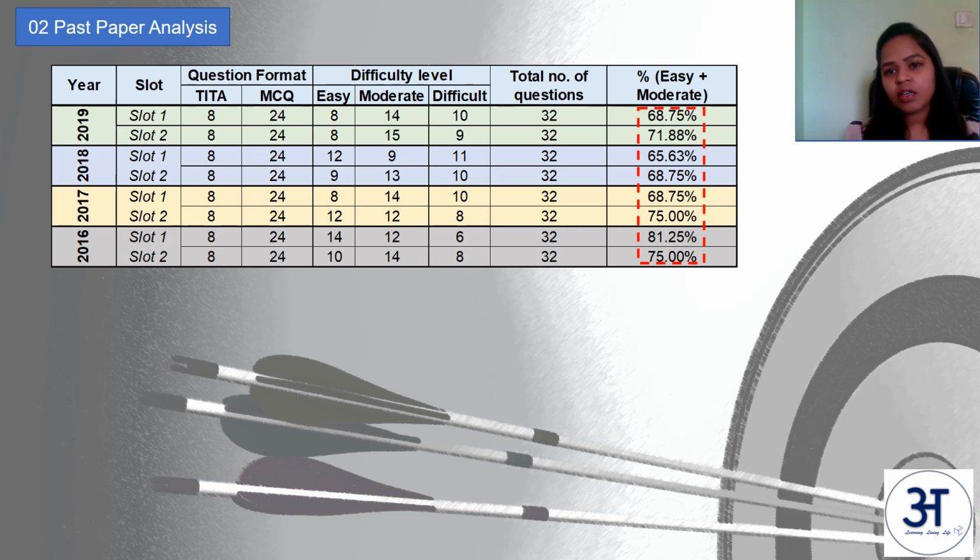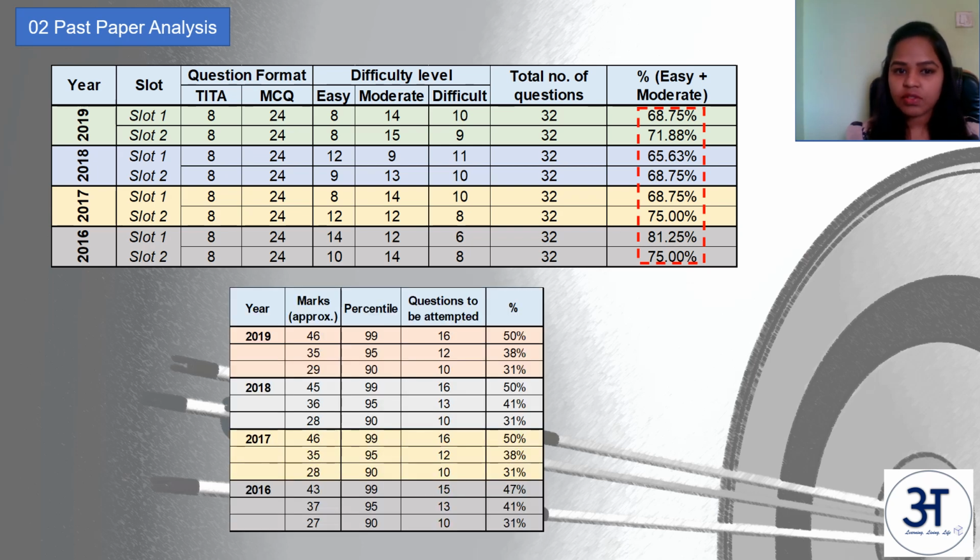The same would be true in terms of quant as well as verbal, but the key here is that if you see this data, a 99 percentile has been consistently 50% of the paper with 100% accuracy. So if you pick those 50% of questions which are in this easy and medium, and you ensure you answer them with 100% accuracy, a 99 percentile is guaranteed.